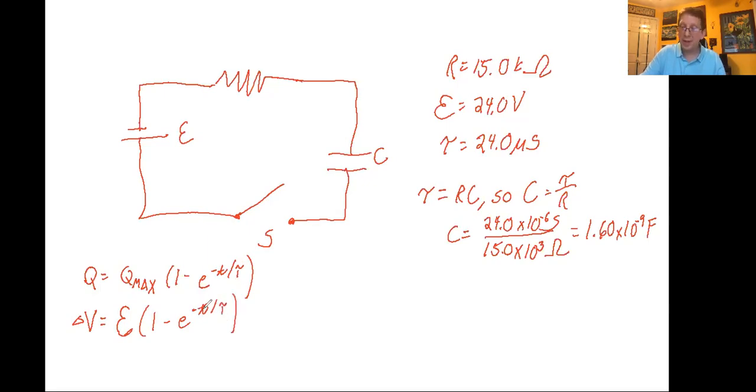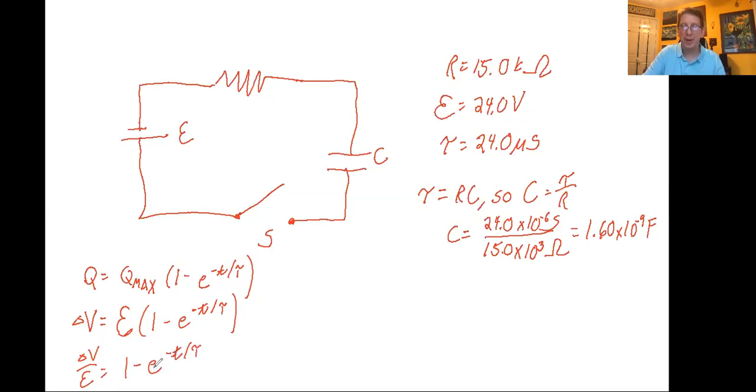And now we want to solve this for t. So the first thing we're going to need to do is divide both sides by the fancy E. So delta V over E is equal to 1 minus e to the negative t over tau. And we want to isolate the exponential term.